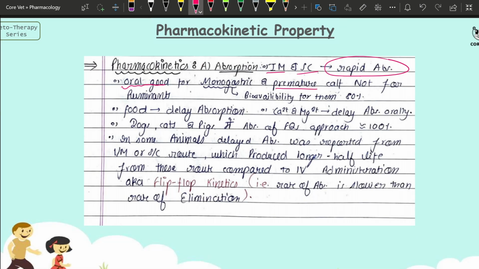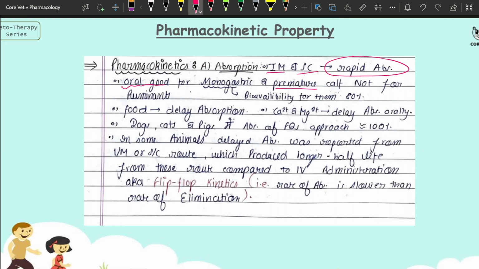There is presence of a rumen in the ruminants, right? In the premature calf, obviously the rumen is not that much developed. Okay, the microflora is not that much developed. That's why the oral absorption of the fluoroquinolones is good in the premature calf, right?